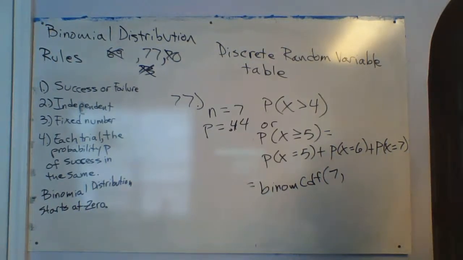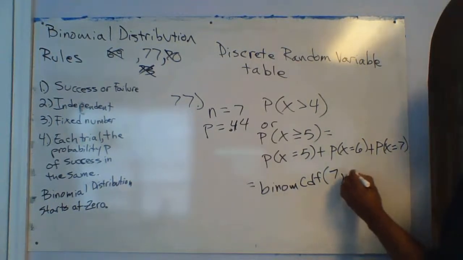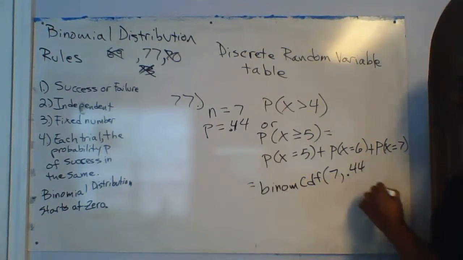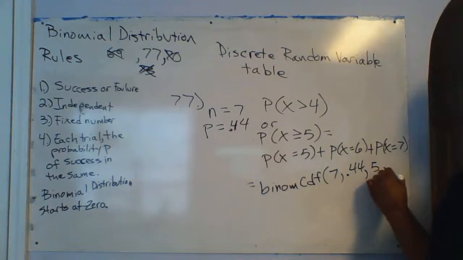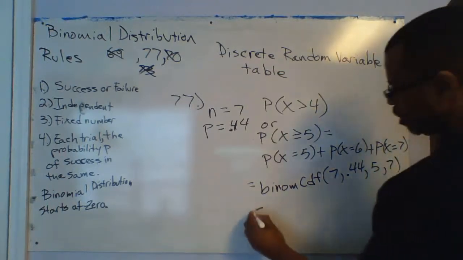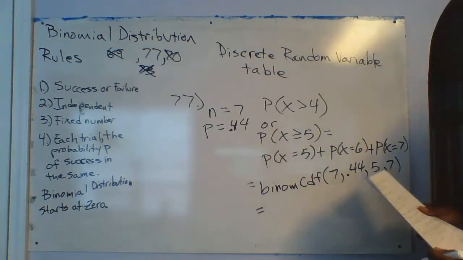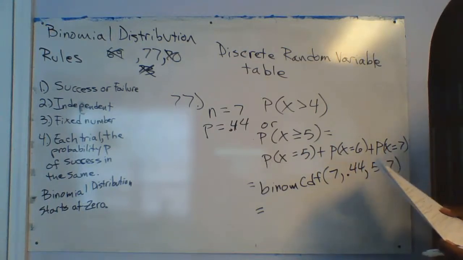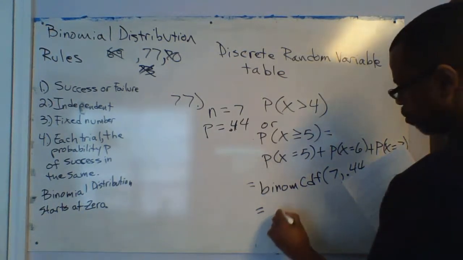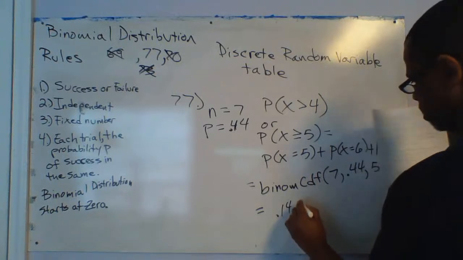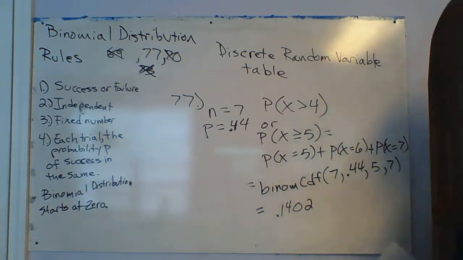Then you want to do your probability, which is 0.44, and then you're going to do from 5 to 7. When you do that for 77, you should get 0.1402.